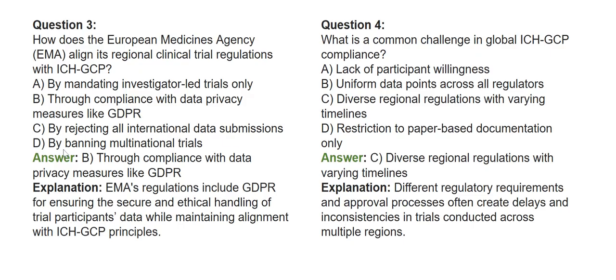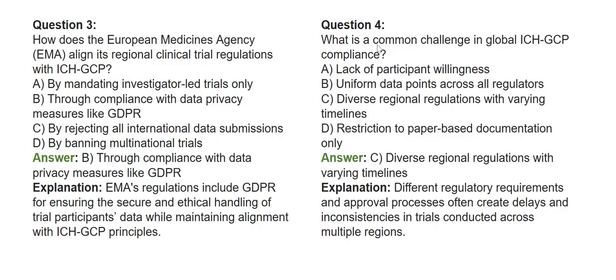Or is it D, by banning multinational trials? Definitely it's B, through compliance with data privacy measures like GDPR. And here, EMA's regulations include GDPR for ensuring the secure and ethical handling of trial participants' data while maintaining alignment with ICH-GCP principles.